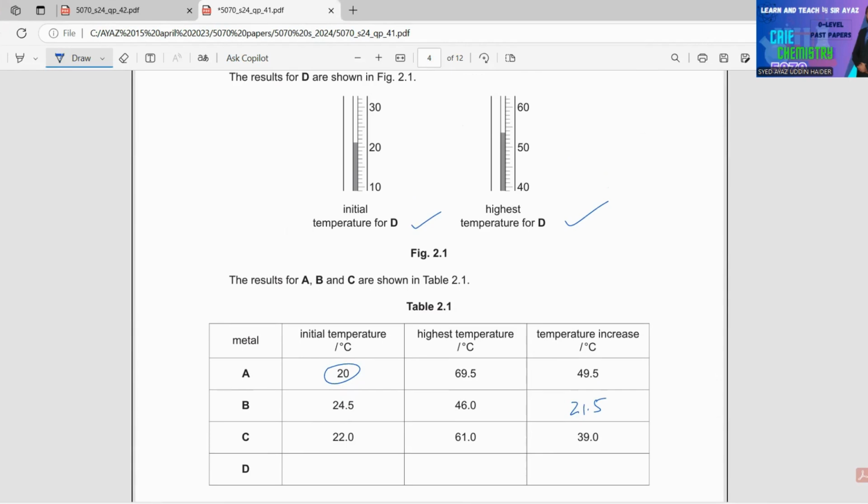So initial temperature, if you look at this value, it's 21. What about the highest temperature? It must be 53.5. Subtracting these values, 53.5 minus 21, you will get 32.5.